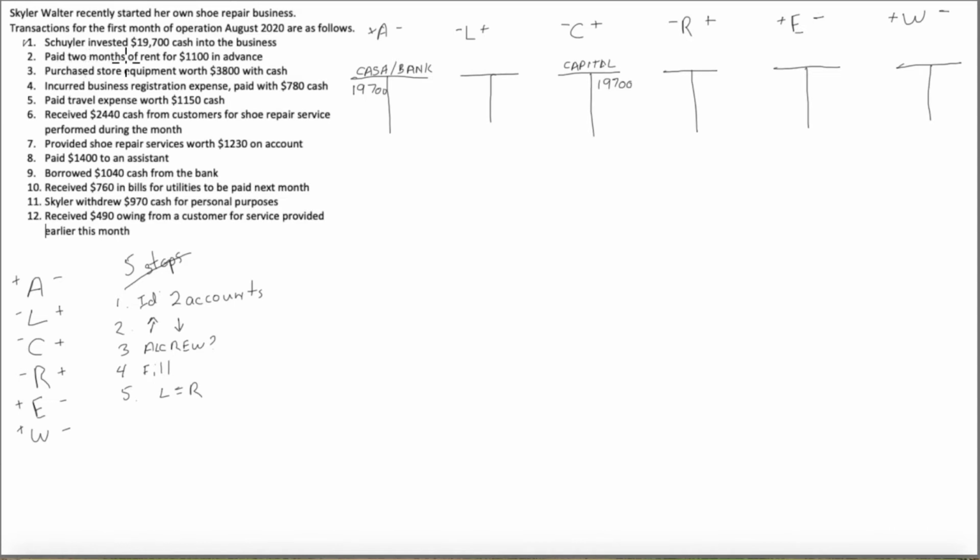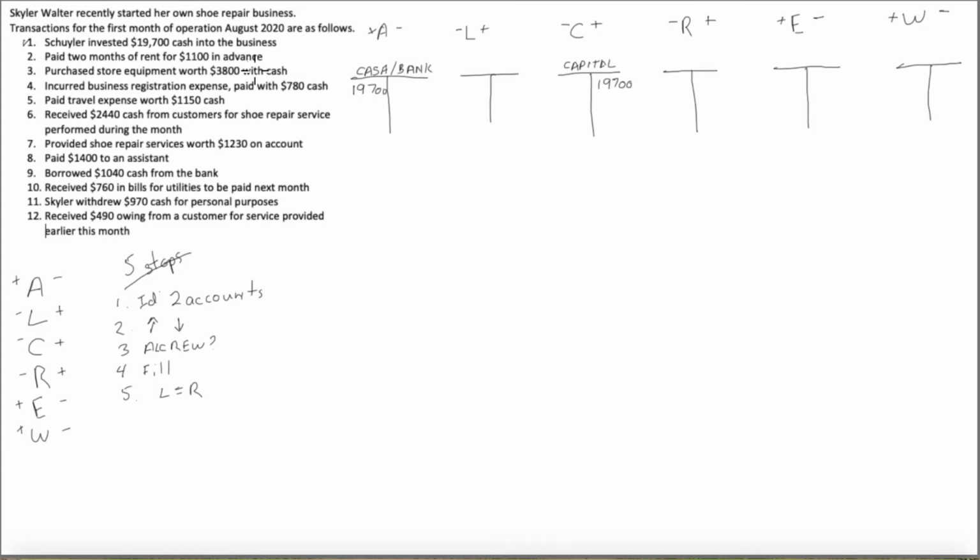Paid 2 months rent for $1,100 in advance. All right, so going through the steps, let's identify the two accounts. The first account is when we see paid, with cash. So we know cash is one. So what would be the other account? Remember, paid 2 months rent in advance.